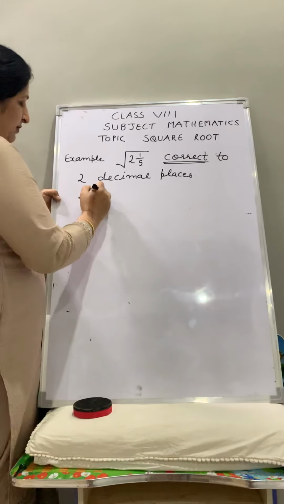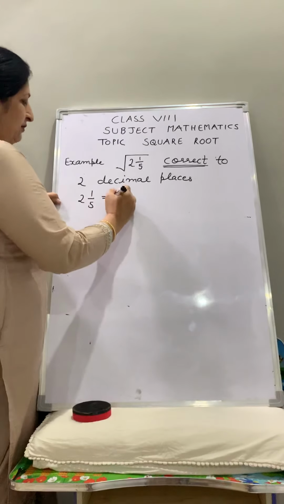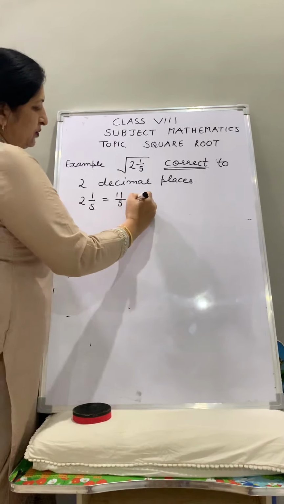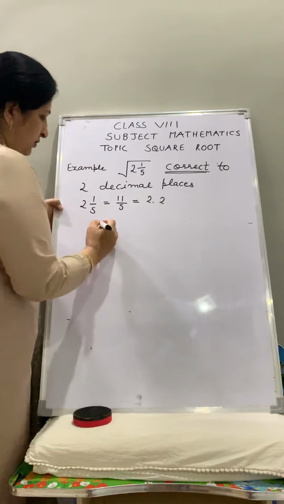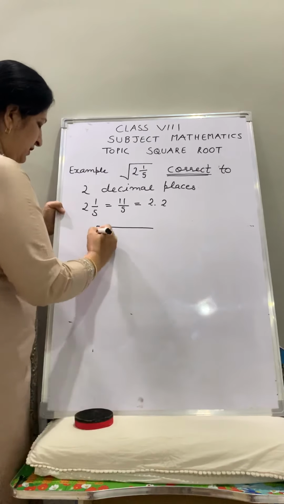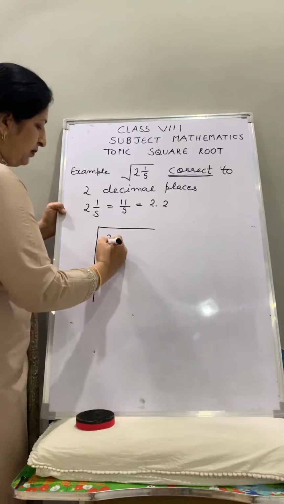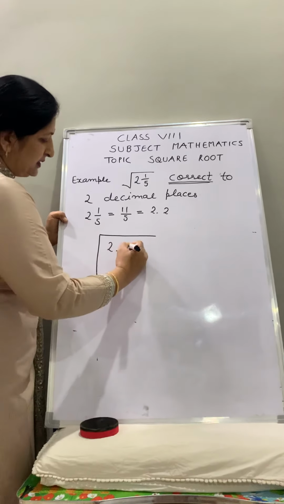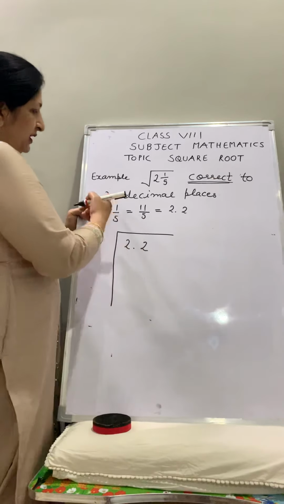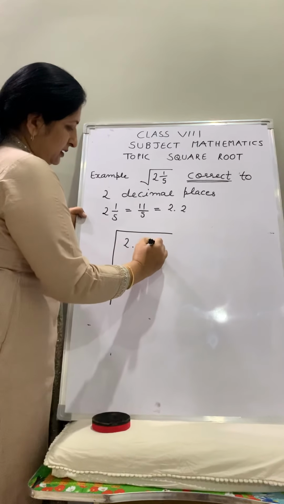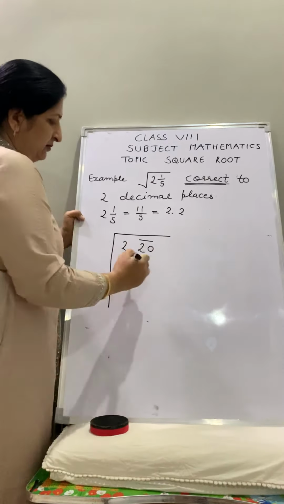2 1 by 5 equals 11 by 5 equals 2 decimal 2. Now we find the square root of 2 decimal 2 up to 3 decimal places. How? We will complete the periods because we need 3 places. 1 period, we put zeros, 2nd period and 3rd period.